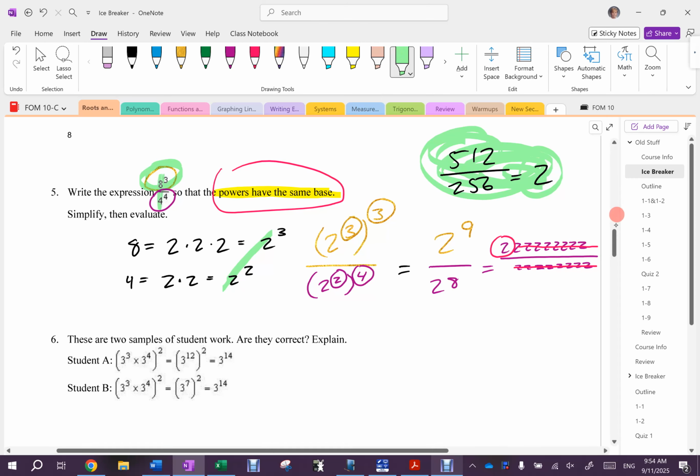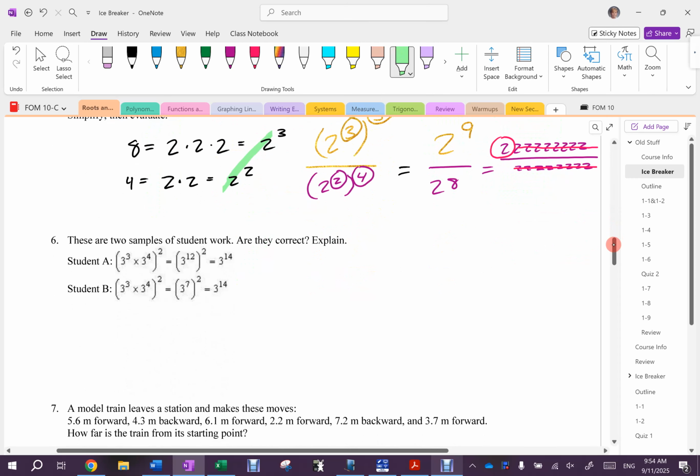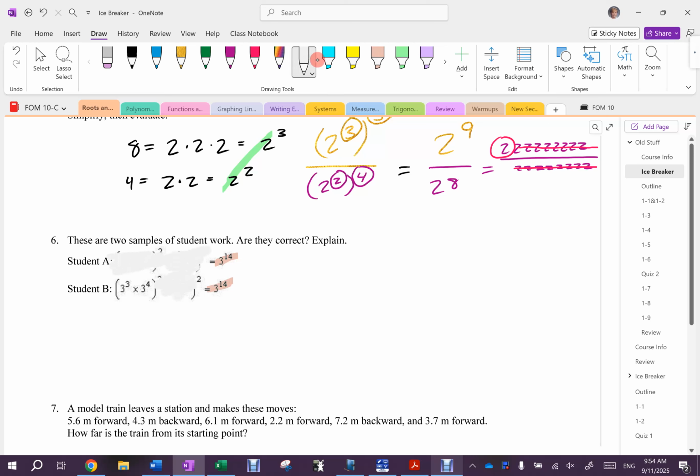Excellent. And that same question that I just asked applies here, doesn't it? Because this is the right answer. If 2 kids gave me 3 to the 14th, are they both right? Yes, they are, because it's the right answer.